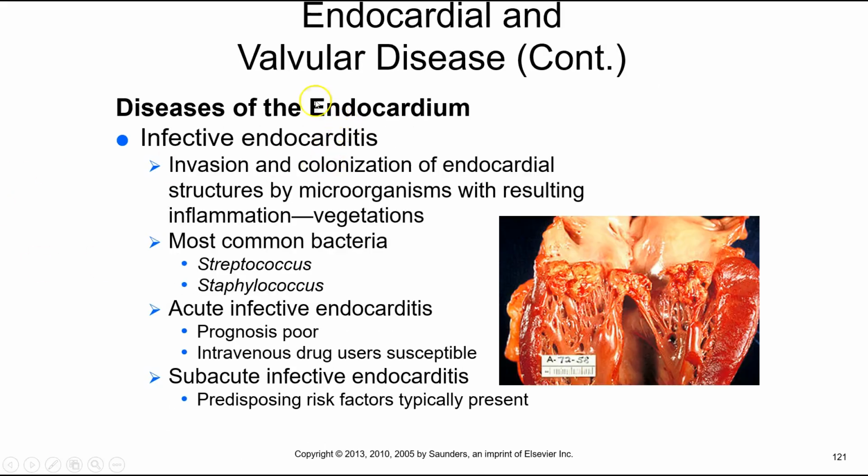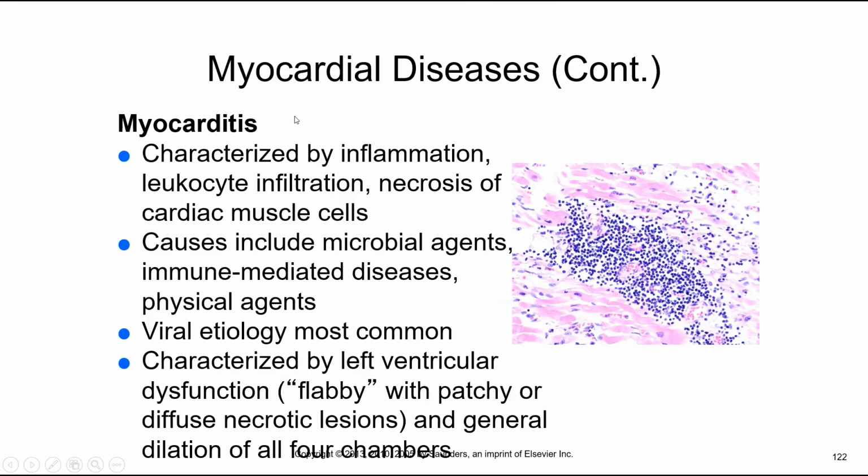So again, this is a disease of the endocardium. In addition to the endocardium being vulnerable to infection, the myocardium can also experience infection. Leukocyte infiltration into the myocardium is myocarditis, and that's probably because a microbe got in, or maybe it's autoimmune or viral.